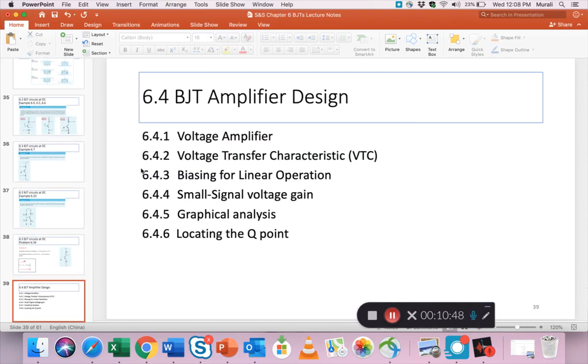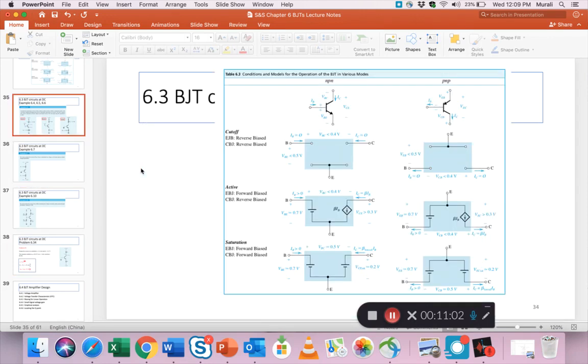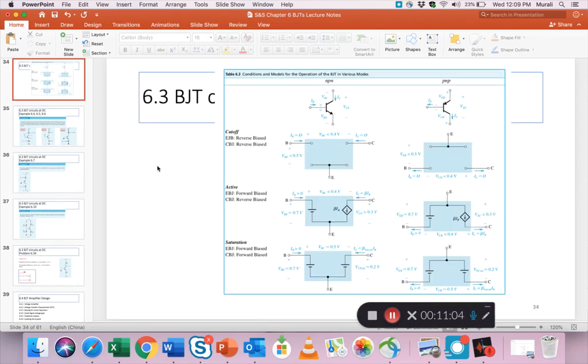Then we get to section 6.4, which we will only do in my next recording. 6.4 and 6.5 introduce you to amplifiers, so we'll wait to do one more lecture on that. But for 6.3, we have a number of problems to solve.